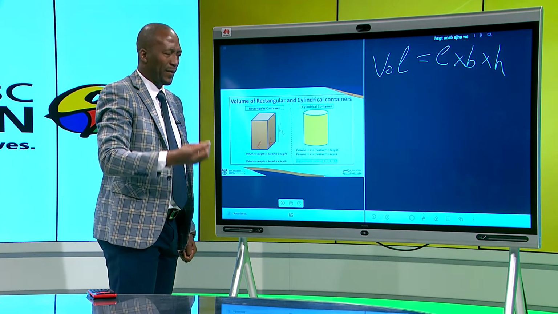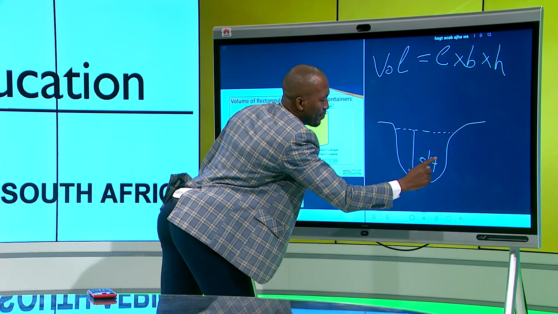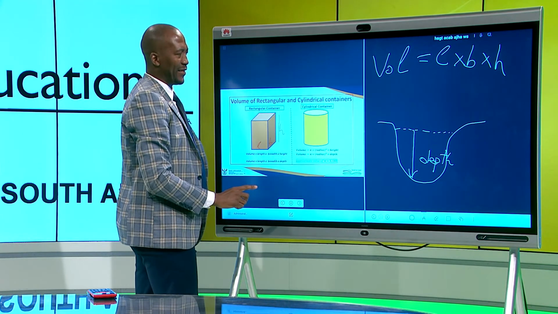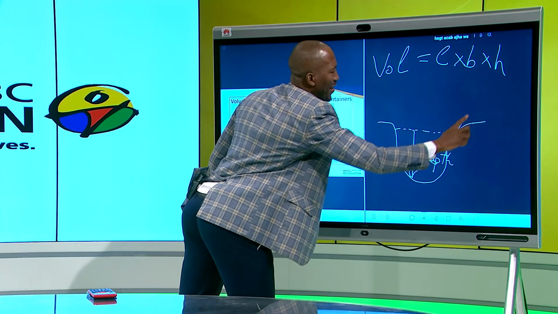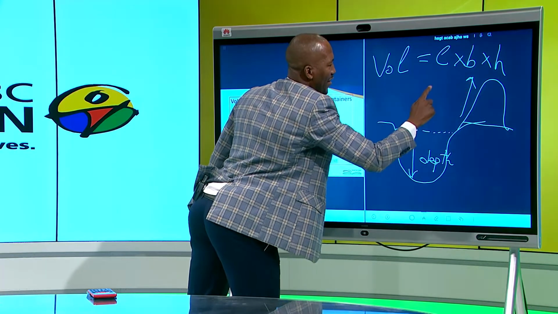Some of the concepts, the way they are expressed, depends on the deepness. If it's something like a dam, where there is a little bit of water, they look at the depth, because the depth shows when it goes downwards. But if I'm going to a mountain, I will use the height.